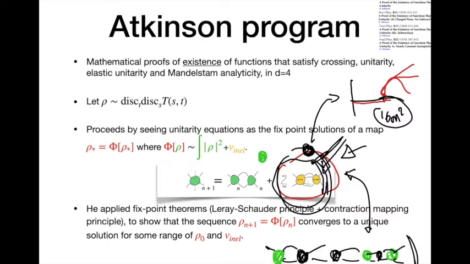Isn't it possible that you design some function on the real axis such that it has physical poles somewhere in the complex plane? Yeah, you specify the function only on the real axis.